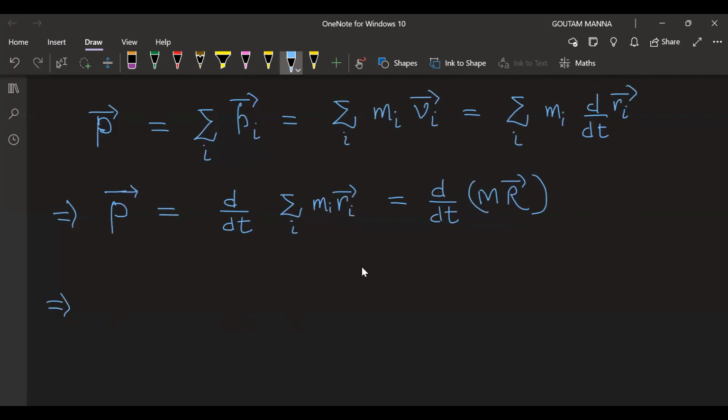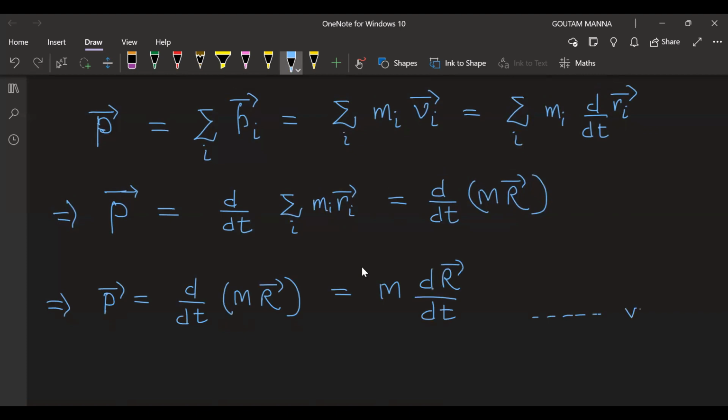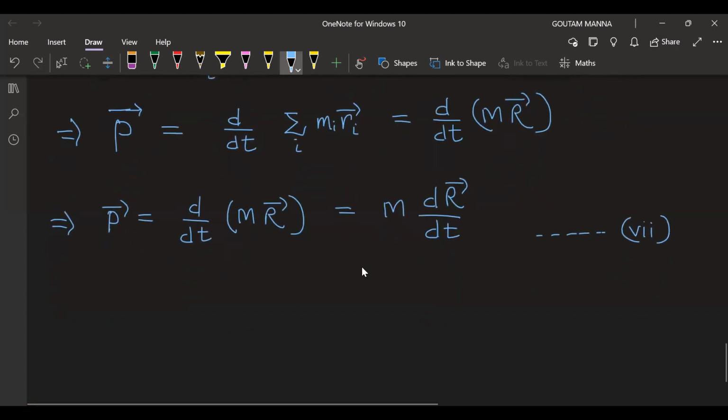So the momentum of the system of particles is the same as M dR/dt.